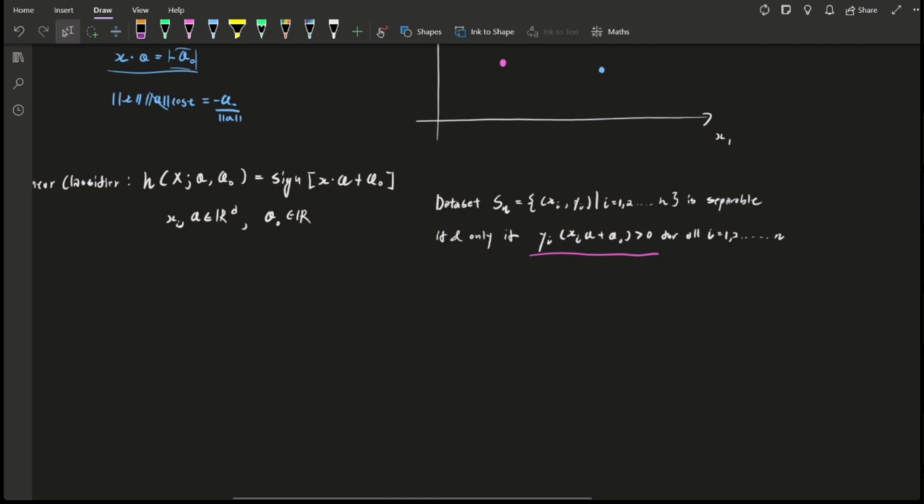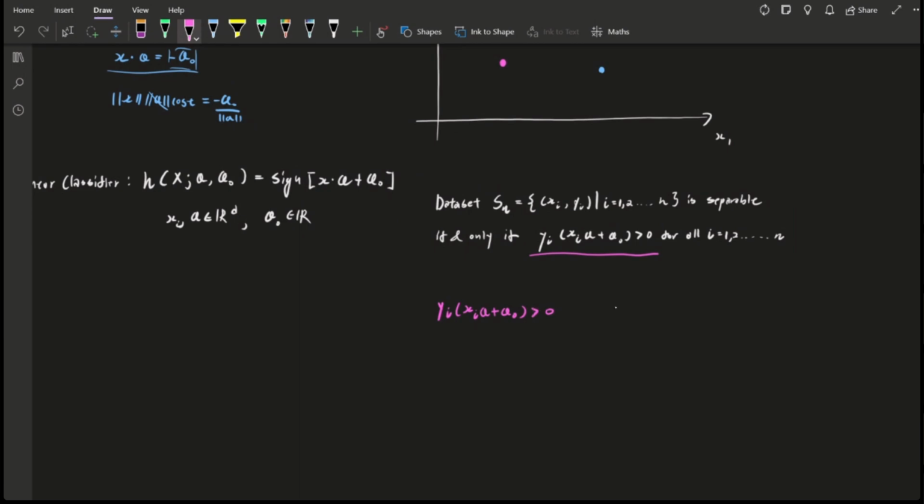So let's go ahead and take a closer look at this. So yi is actually your label, right? So it's 1 or -1, and this expression on the right side here is actually just the output of your classifier, right? It has to be larger than 0 for all the data points in a data set for the data set to be linearly separable.